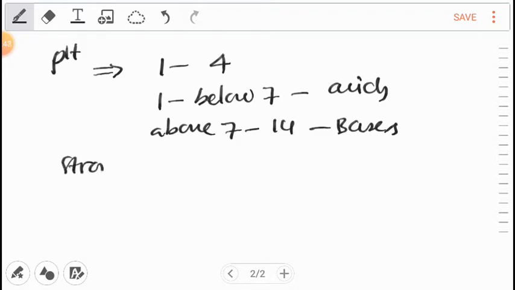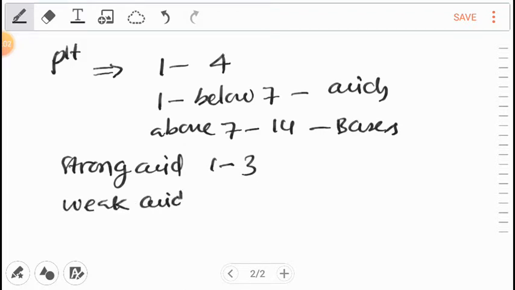Strong acid, in the sense strong acid 1 to 3, weak acid 3.5 to 7.